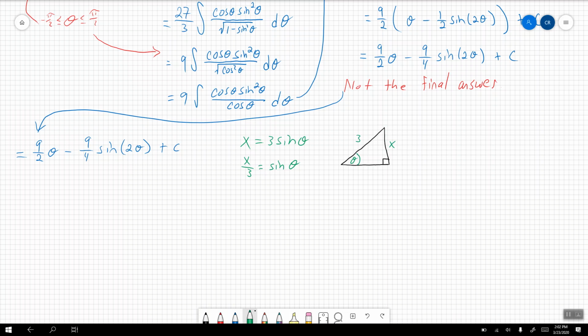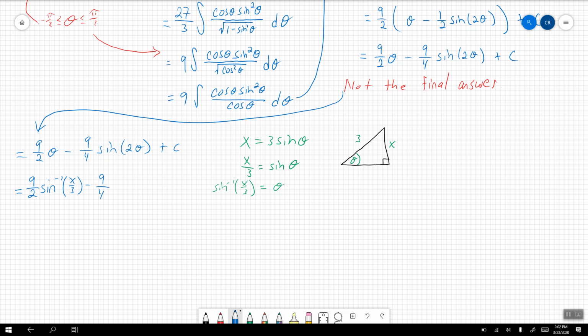I'm going to keep that in our back pocket just really quickly, and go back to this part where I'm trying to solve for theta. Solving for theta means that we have to take the sine inverse of x over 3. And that solves our first issue that we didn't know what theta was. Theta is sine inverse of x over 3.